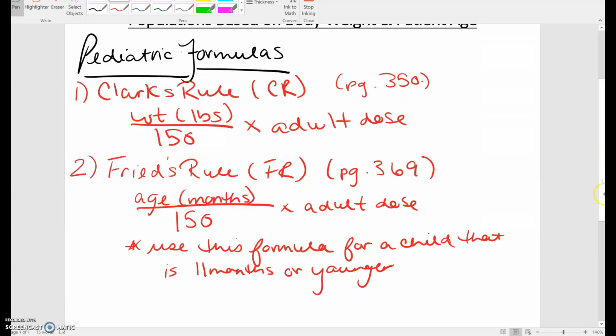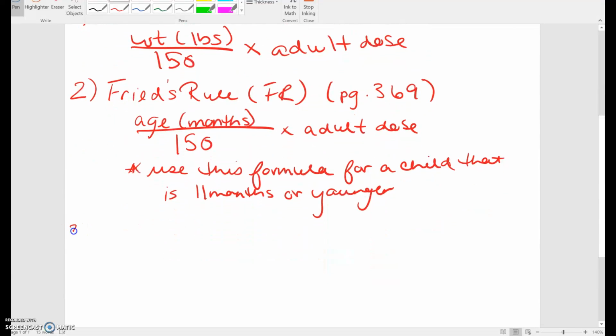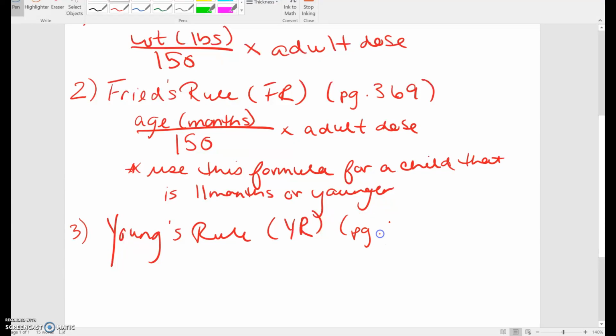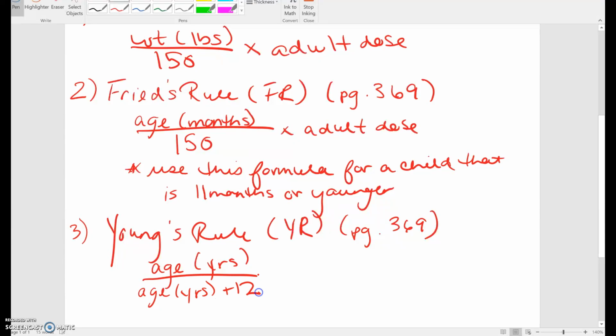All right. The third rule that I need for you guys to know is the Young's rule, and you're going to see me abbreviate that by YR. That's also on page 369 in detail. But the way this rule works is that you're going to take the patient's age in years over their age in years plus 12, and you multiply that by the adult dose.